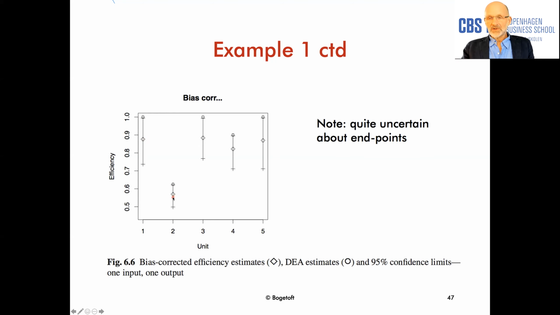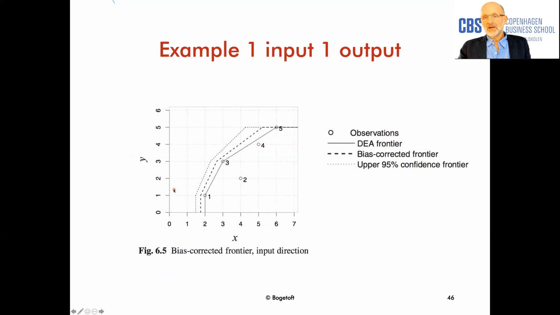If you take firm number 2, you can create in the same way a confidence interval for the bias corrected ones. But what you see here is that firm number 2 comes out with much less uncertainty, and that has to do with the fact that it has several comparators.